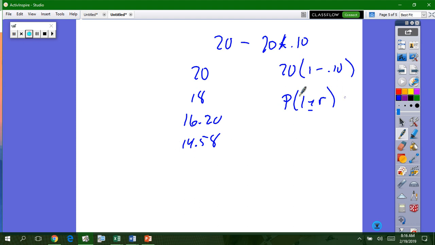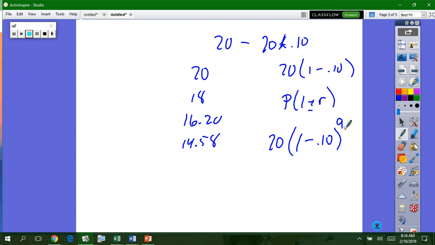So really, I'm taking my principal, which was 20, that's what I started out as, and I go 1 minus my rate, which is 0.10, and I want to know after the 9th day, so I'm going to raise that 0.90 to the 9th power, because I'm going to do this 9 times. Does that make sense?